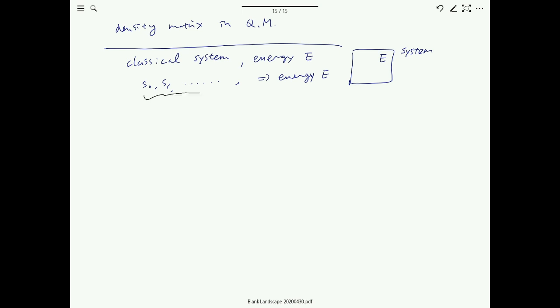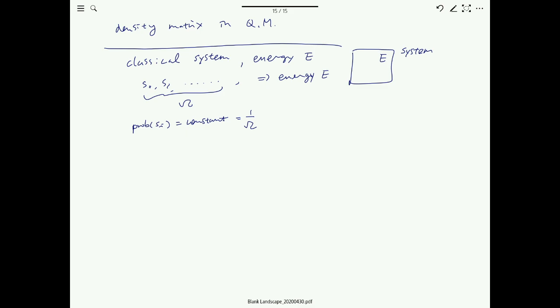I have omega. So omega essentially counts how many states I have. If it's a continuous degree of freedom, then I can think of this as some kind of energy shell, so you count the volume of this energy shell. And then we say the probability is a constant. If the total number of different states is omega, then this probability is 1 over omega.